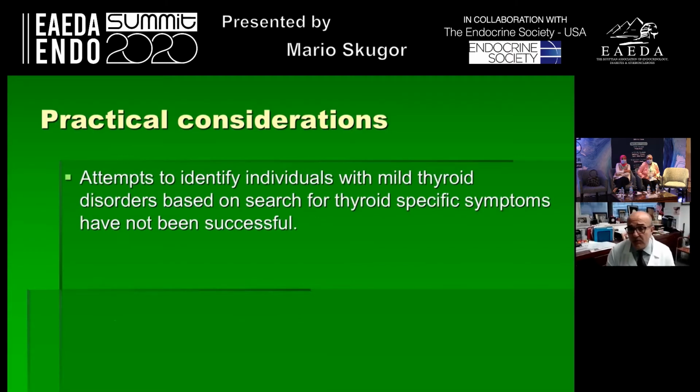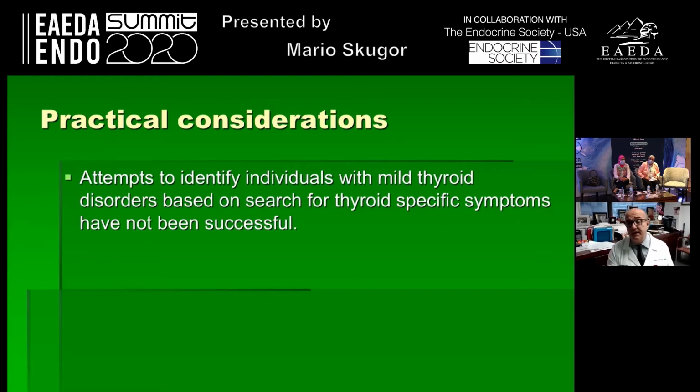Now, trying to identify individuals with mild thyroid disorder based on a search for the symptoms has not been successful. The reason for this is because the symptoms are very, very non-specific. On the hypothyroid side, you have tiredness, feeling cold, constipation, dry skin. A lot of people will have those symptoms.